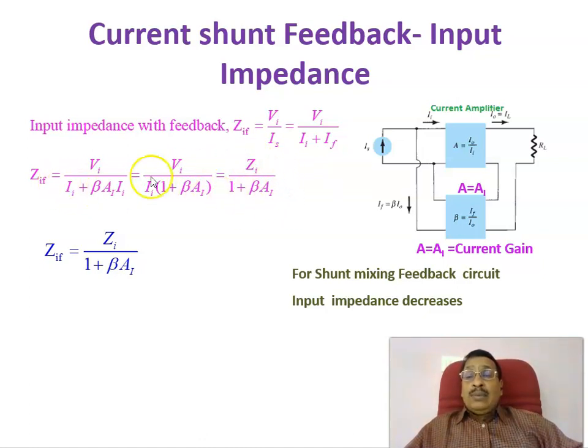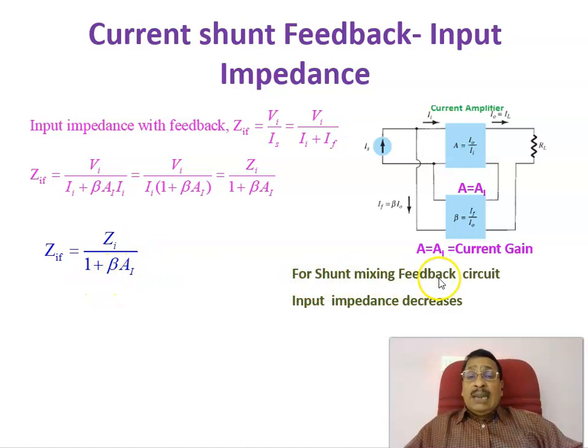The input impedance is reducing in the case of shunt mixing. For a current shunt feedback, the input impedance is reducing from ZI to ZI divided by 1 plus beta times Ai. Ai is the current gain of this amplifier, and beta is the feedback factor. Therefore, ZIF is equal to ZI divided by 1 plus beta times Ai.